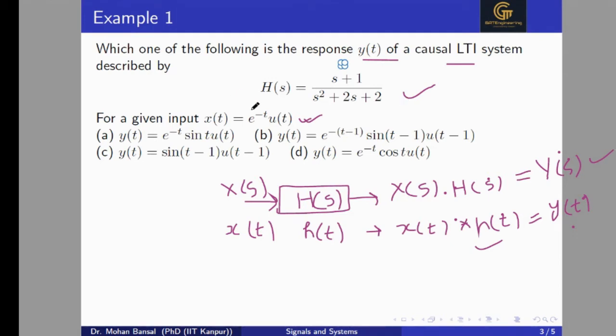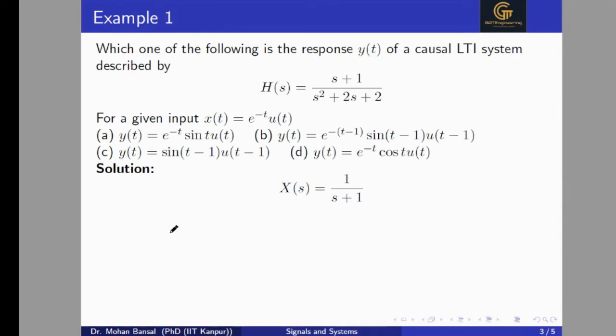We know it's very easy to compute the Laplace transform of e^(-t) u(t), by the relation that the Laplace transform of e^(-at) u(t) is nothing but 1 divided by (s + a).